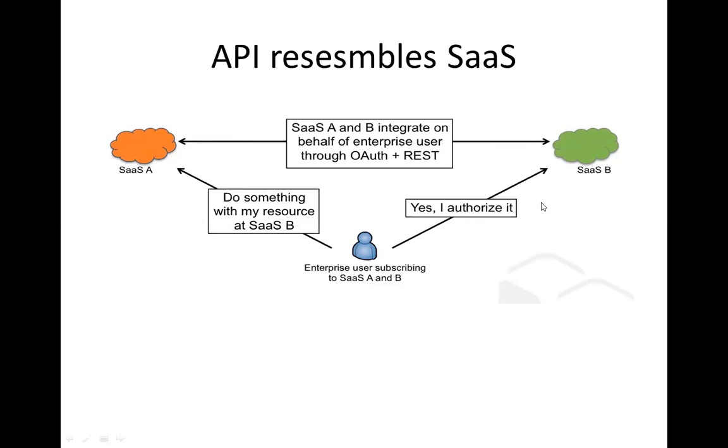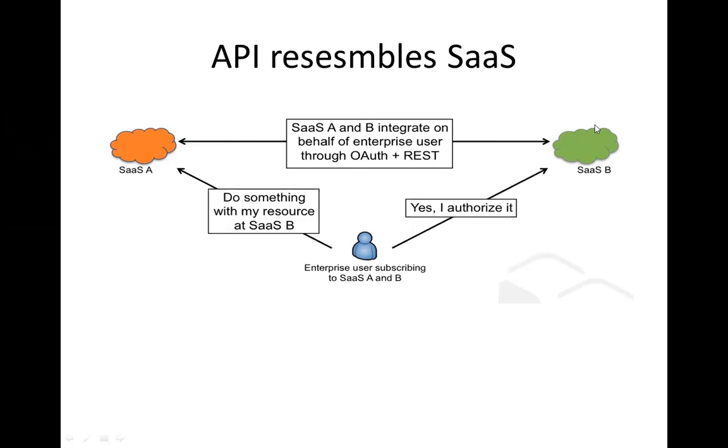The other way of interacting SaaS A with SaaS B is through enterprise users subscribing to SaaS A and B. SaaS A is interacting with this user, and this user will authenticate and authorize that this is the right person interacting with SaaS B. That is the other way of interacting.